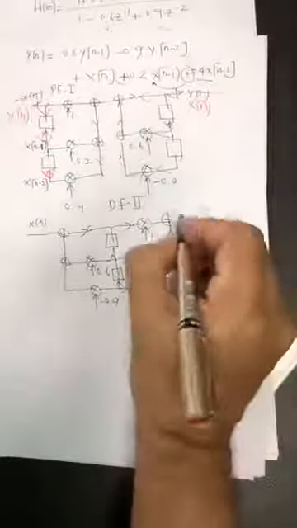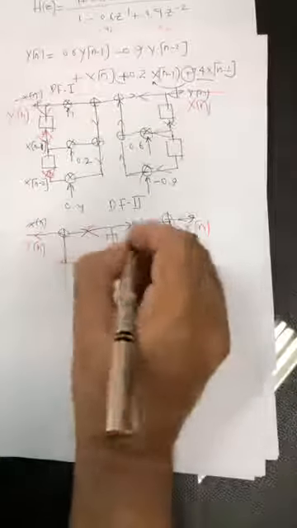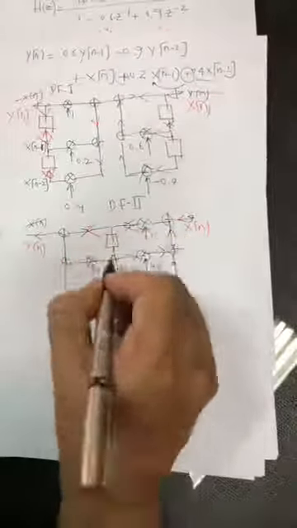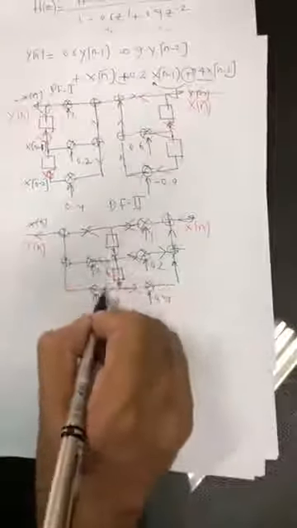So this arrow will now be this, it becomes x of n. This will become y of n. This arrow will be like this, here it will be like this. This arrow will be down, down. This arrow will be here. So this is the transpose direct form.